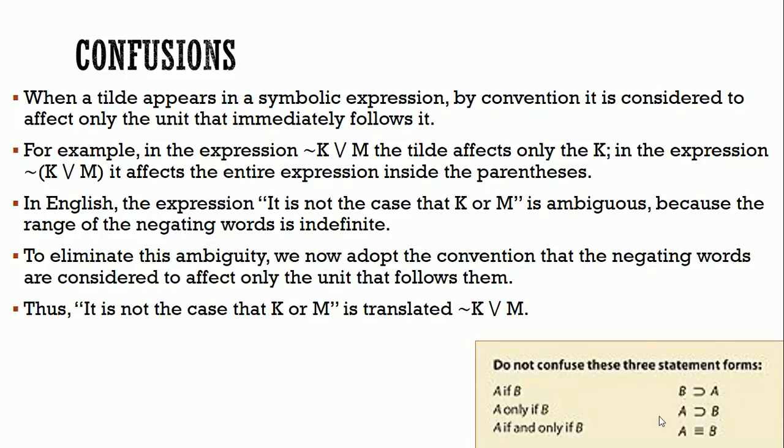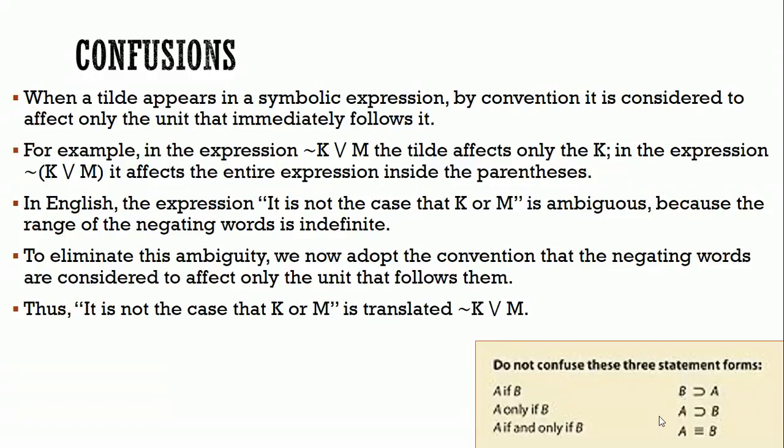When a tilde appears, a symbolic expression by convention is considered to affect only the unit that immediately follows it. So, for example, in not K or M, the tilde affects only the K. In the negation of the conjunction, or the disjunct of K and M, it affects the entire expression inside the parentheses. We have to get clear on this eventually. The expression "it is not the case that K or M" is ambiguous, because the range of the negating words is indefinite.